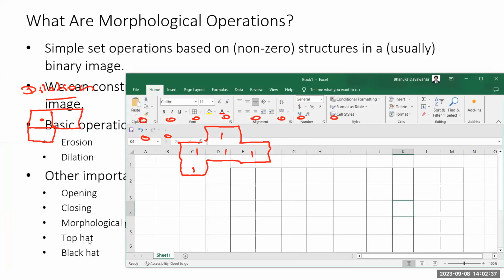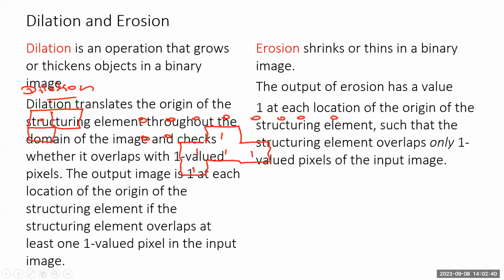Definition is the output image is one at each location of the origin of the structuring element if the structuring element overlaps at least one valued pixel in the input image. Right? This is the definition.